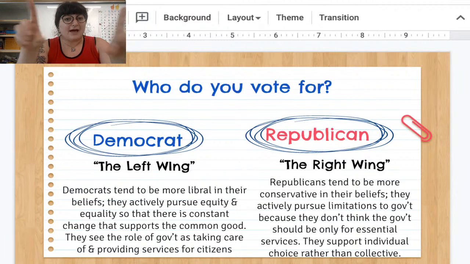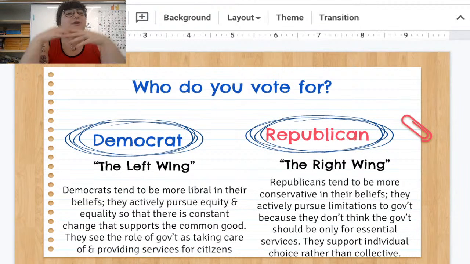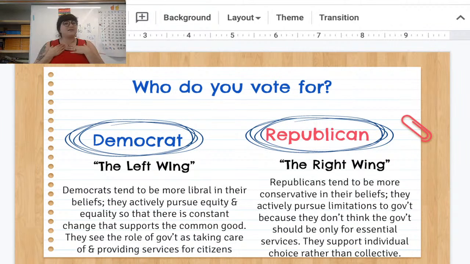We're voting for values. We're voting for policy because our government is a democracy, right? And we have to think, well, we're voting for people who uphold these values, who uphold the change or the lack of change that we want to see in our community.